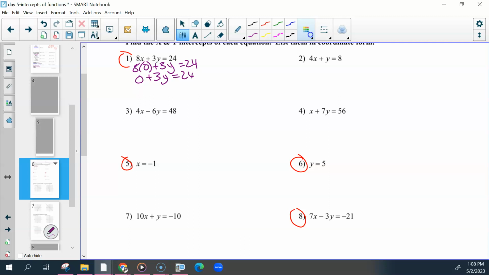So this becomes 0. We don't need the 0, so I'm going to drop it. And solve for y, which is 8. How would we write that ordered pair? 0, 8.